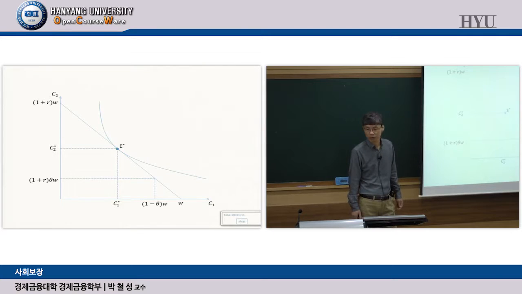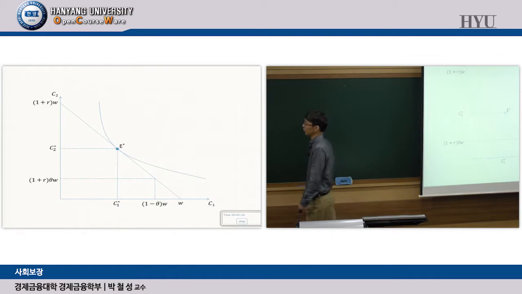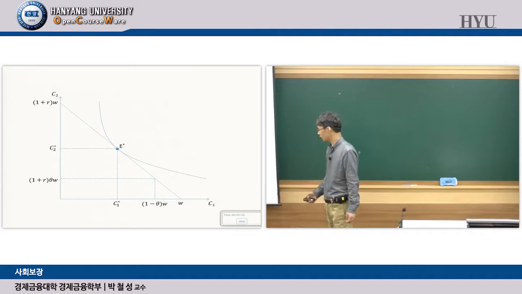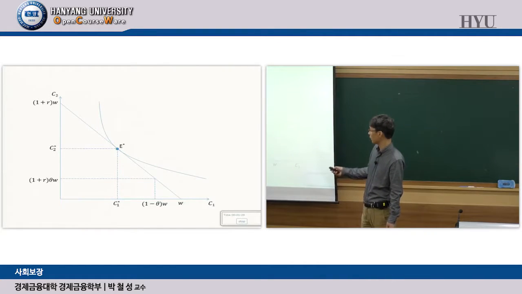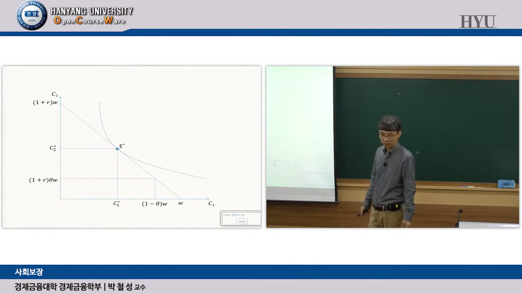Okay, so there are two assumptions here. One is that the pension and private savings have the same rate of return. Okay, so we call that actuarially fair pension. And second is that the individual was saving more than the required contribution.